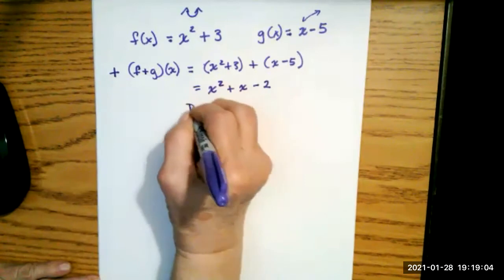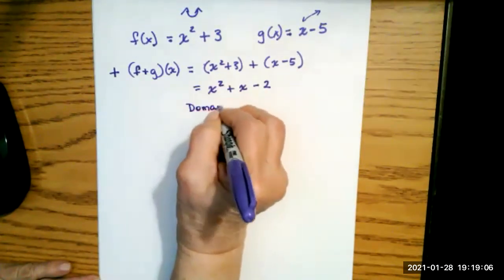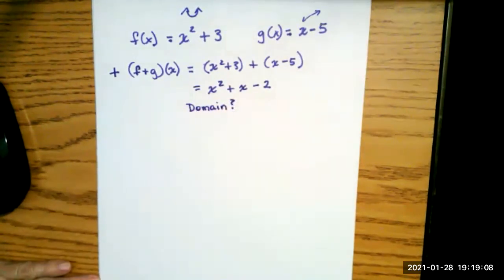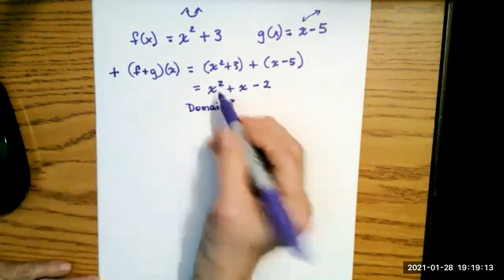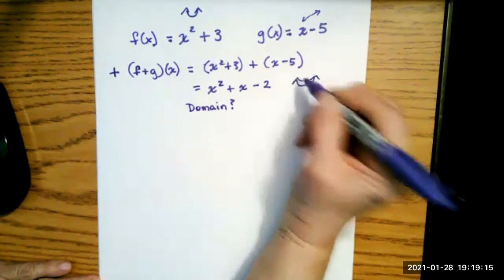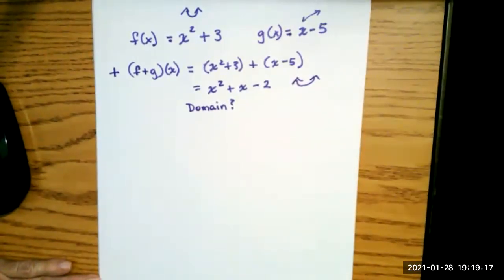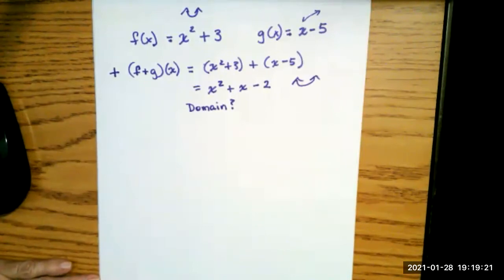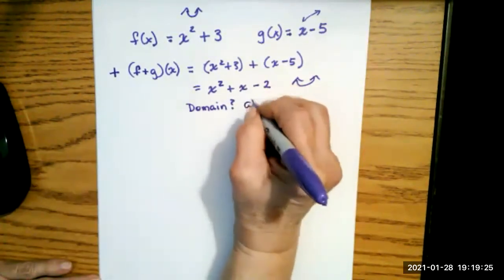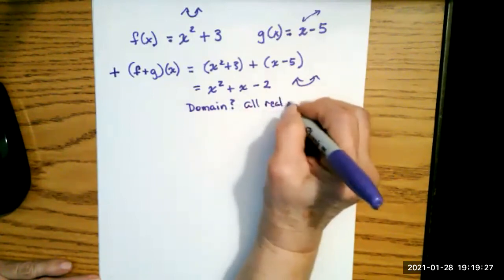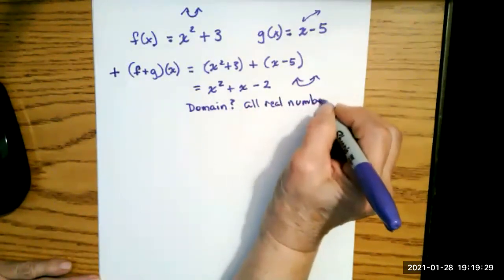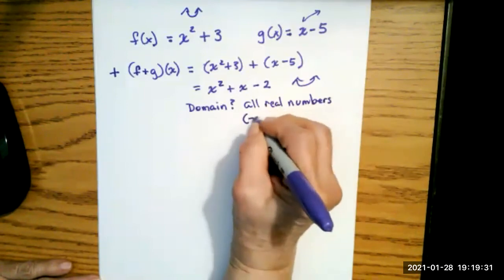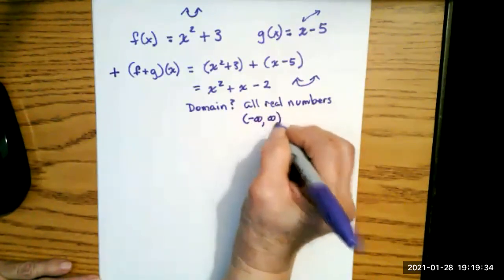And then it's going to ask you, what is the domain of your answer? Well, look at that. It's an x squared term. So this thing is a parabola. What is the domain of every parabola that's a function? And it's a function because you took 2 functions and added them. All real numbers. So it's going to ask you for the domain. And then remember, they may have it in negative infinity to positive infinity.